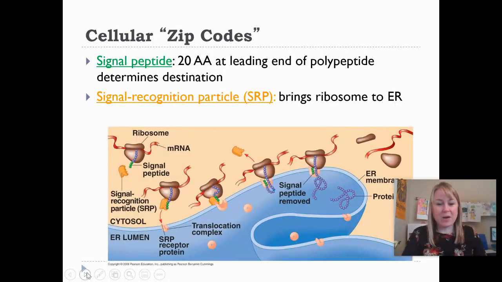So these are, again, signaling peptides, and these are called SRPs. You can see in the picture there that it's orange, these signal recognition particles, and they cleave off that green part, remove the signal peptide when a protein is ready to be packaged or shipped.